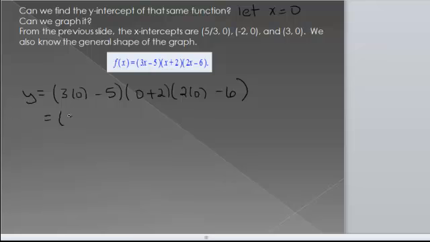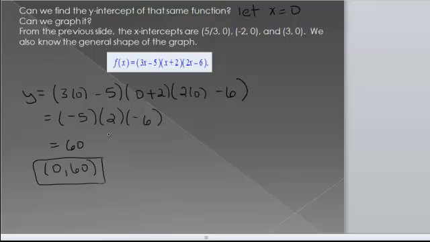So we get -5 times 2 times -6, which is -5 times 2 is -10. -10 times -6 is a positive 60. So your y-intercept is the point 0, 60.